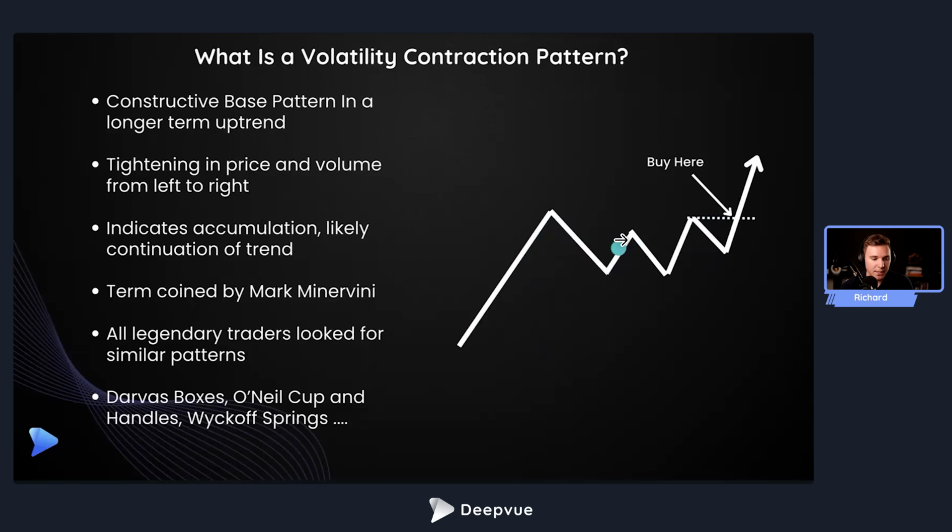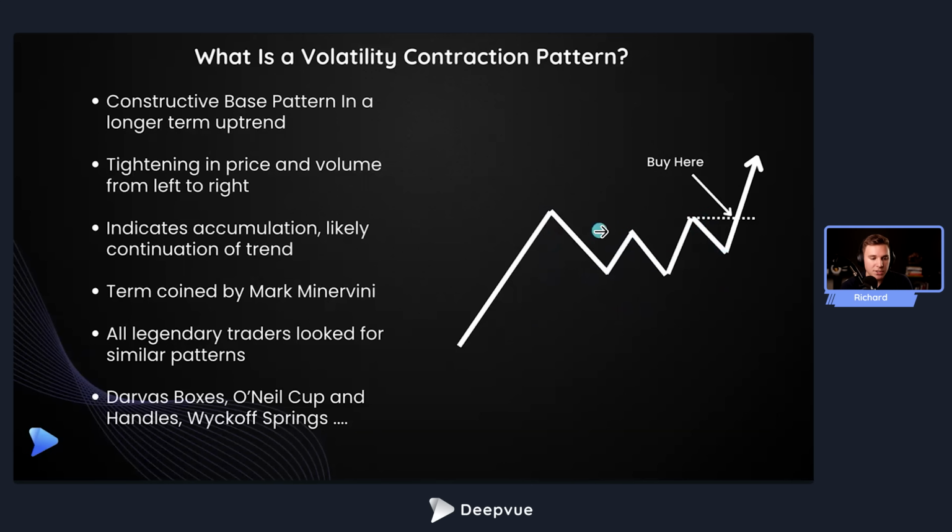And this VCP is characterized by tightening in price action from left to right within the base. Oftentimes, if you've got volume plotted, you'll see that same type of contraction during this base. Volume is higher at this turning point, then slowly throughout the base it declines, even though at some points, such as move ups here, we might see the volume increase for a few days as this leg moves up, but then it declines again.